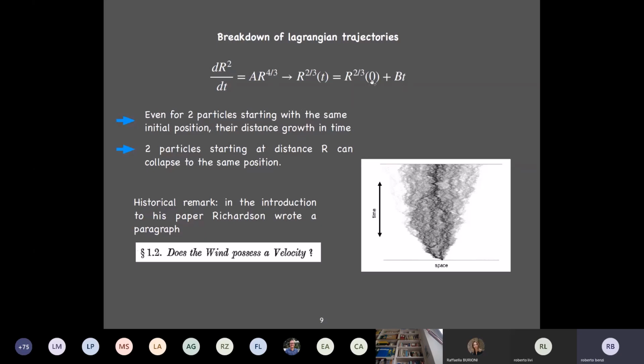So whether the time goes in one way or in another, it doesn't matter. Two coincident particles will separate at a finite difference, even if at the initial time they are in the same location. This is called the breakdown of Lagrangian trajectory.